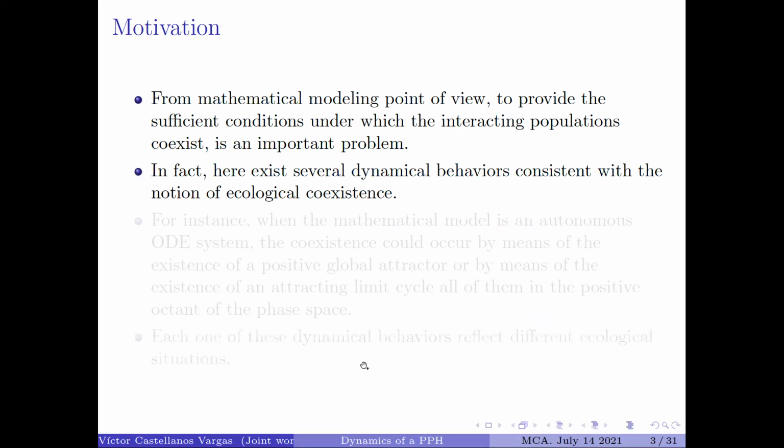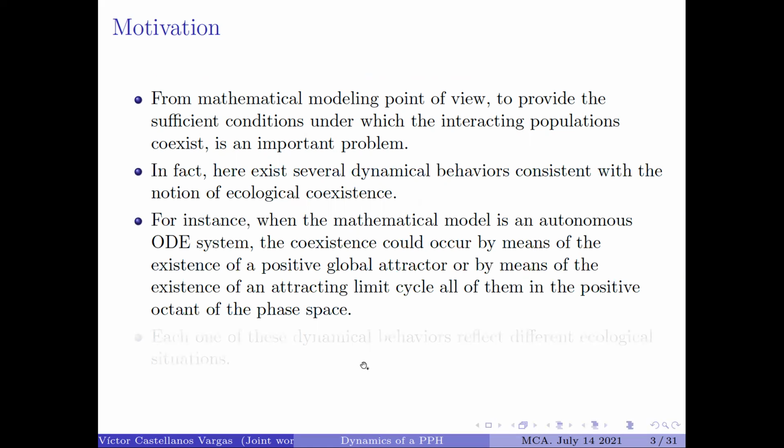In fact, there exist several dynamical behaviors consistent with the notion of ecological coexistence. For instance, when the mathematical model is an autonomous ordinary differential equation system, the coexistence could occur by means of the existence of a positive global attractor or by means of the existence of an attractive limit cycle, all of them in the positive octant of the phase space.